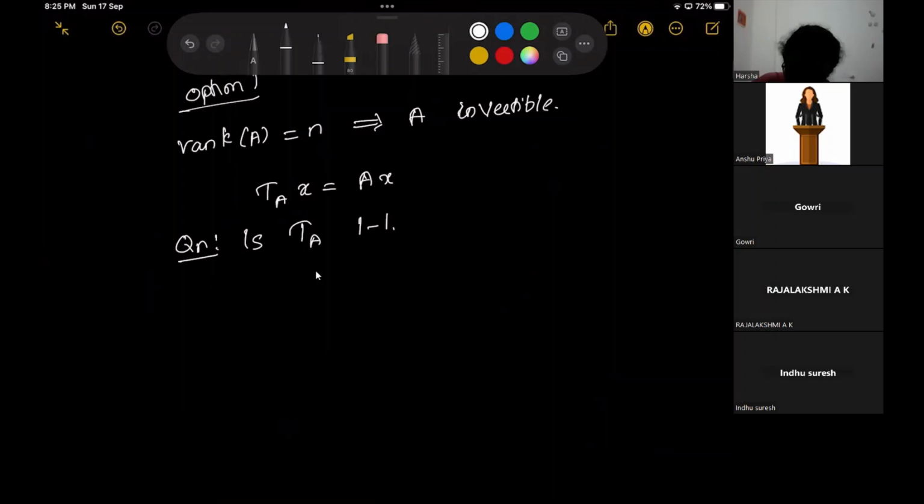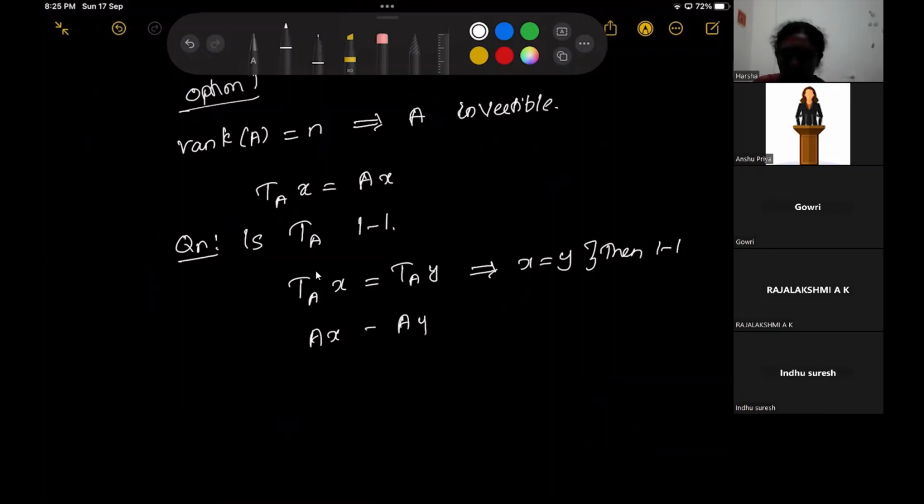How will we say it is 1-1? If TA of x equal to TA of y implies x equal to y, then it is 1-1. Now, what is TA of x? It is Ax. This is Ay. Now, since A is invertible, I can apply the inverse.